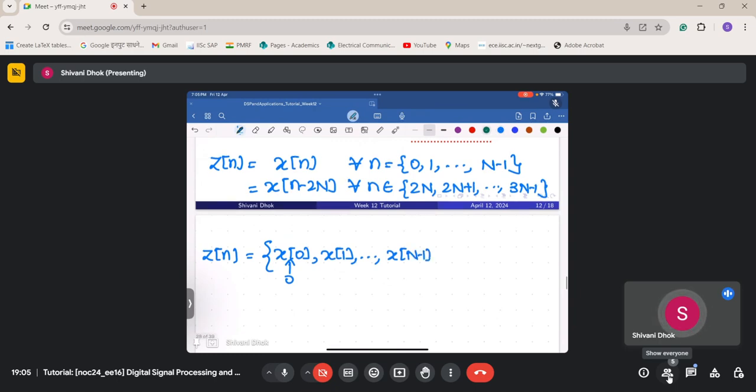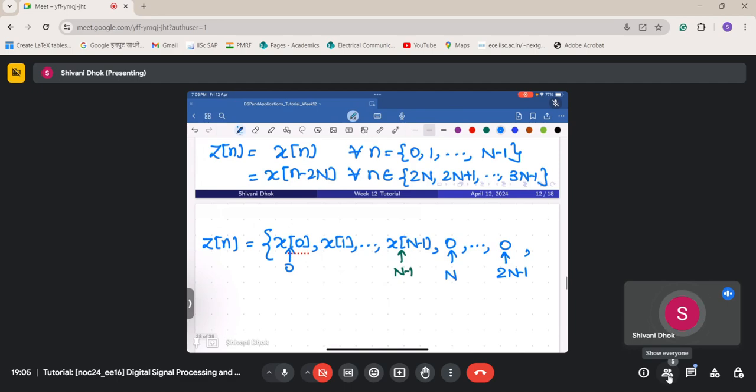So this location is N minus 1. Then at n equal to N, it is 0, and the 0 continues till the location 2N minus 1.